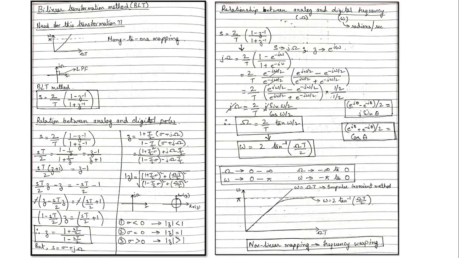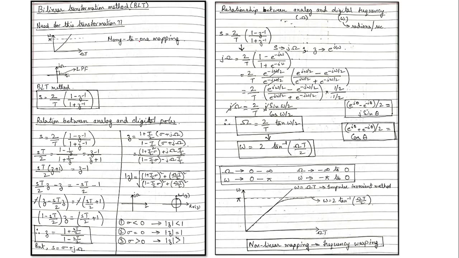Second thing, we have also discussed that the filters designed with the impulse invariant method are mainly used to design the low pass filter. Other types of filters cannot be designed comfortably. Now, what is the reason over here?